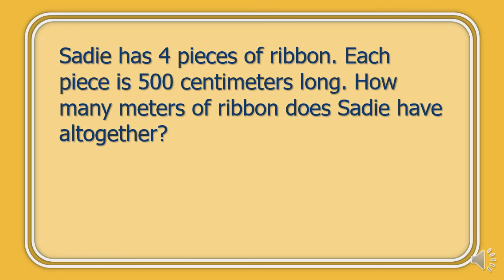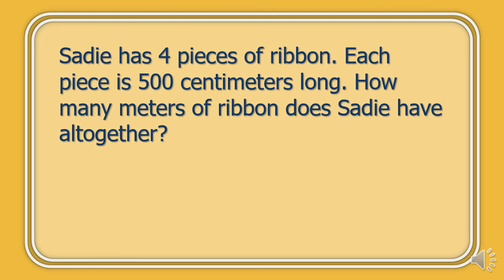So think about the problem. She has 4 pieces of ribbon. Every piece is 500 centimeters long. So we're going to say 500 times 4. We can do that in our head because it's a multiple of 100. So we just need to think 5 times 4, you should know that, is 20.